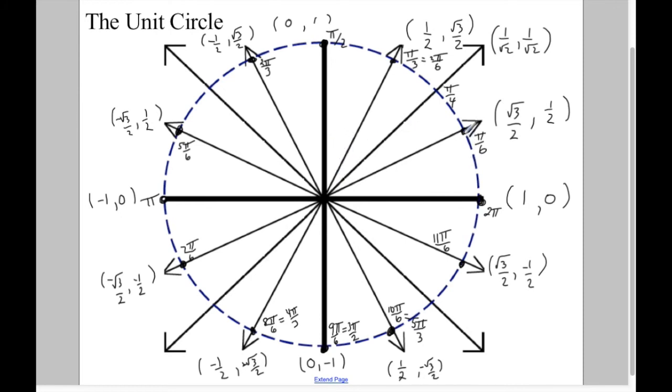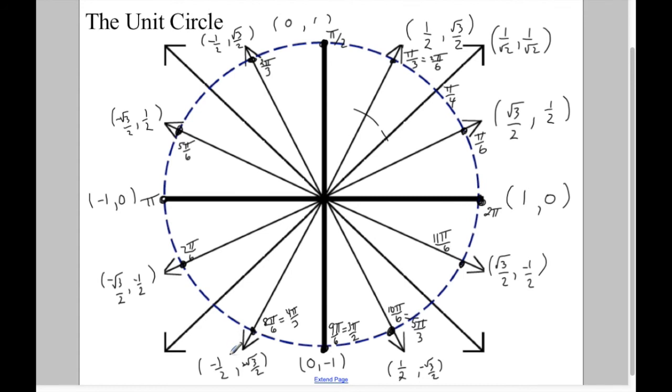But for example, if I wanted to know what the sine of 4 pi over 3 is, I could find 4 pi over 3 on it, and that's this big angle right here in radians, right? From standard position, 4 pi over 3 is a big angle here, and there's where 4 pi over 3 lands. The coordinates here correspond to here. So this is the cosine of 4 pi over 3. This is the sine of 4 pi over 3. And notice they're both negative.